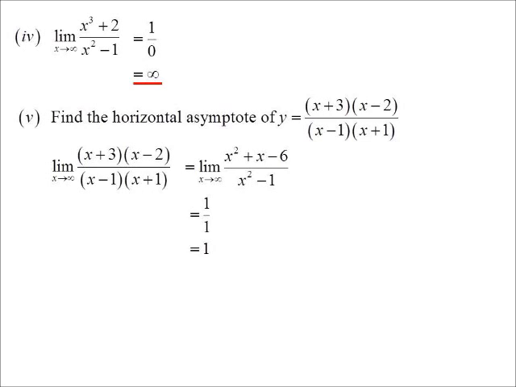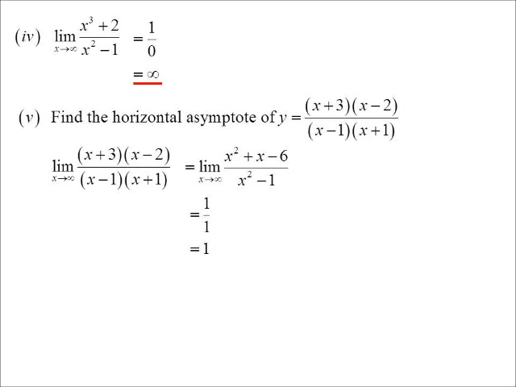So I can save a little bit of time if I use limits rather than a polynomial division. But remember, the only time you're going to get a horizontal asymptote is when that limit exists. If I had one where it came out to be infinity, that's one where I'm going to have one of those oblique asymptotes. And so if you did a polynomial division, you'd probably end up with x plus 2, and so x plus 2 would be the asymptote.